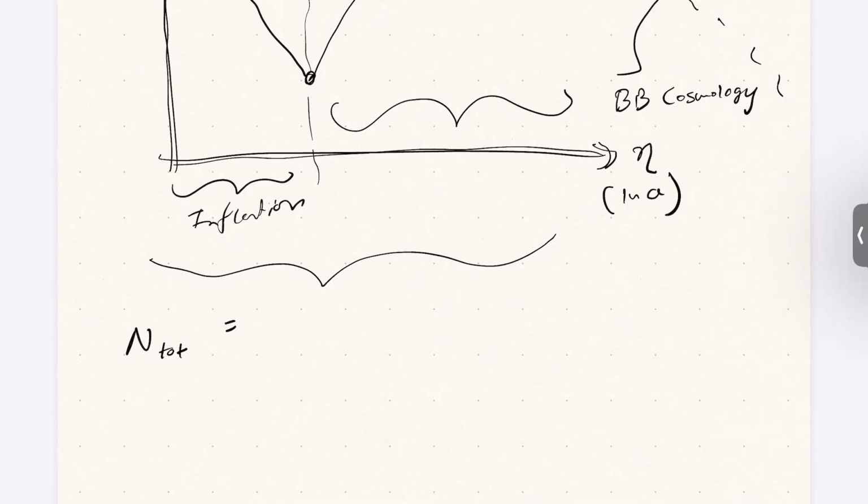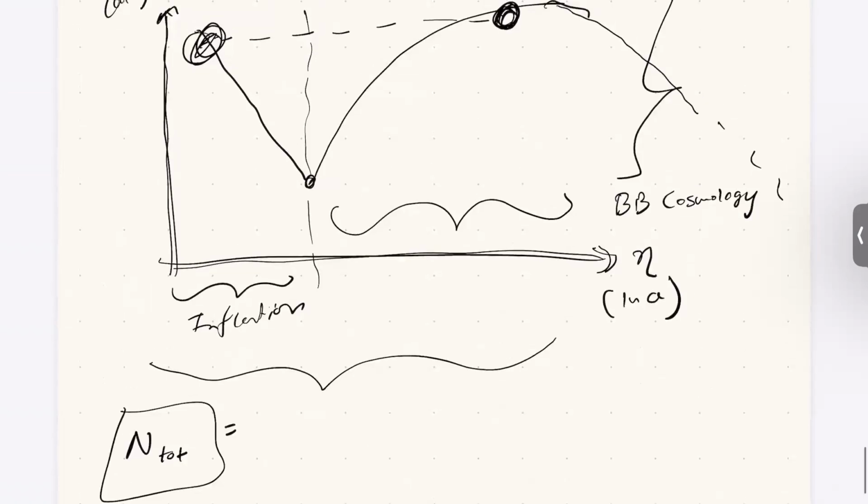So basically I need this, and you will see that this will essentially be a ratio of how much the Hubble radius shrank, right? Because try to understand this intuitively. If I can understand how much the Hubble radius shrank, and let's say I have some initial value of the Hubble radius and some final value of the Hubble radius, and I compare the two, I can understand how long it took to go from here to here, right?